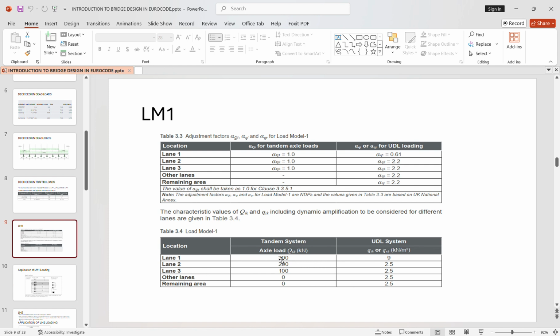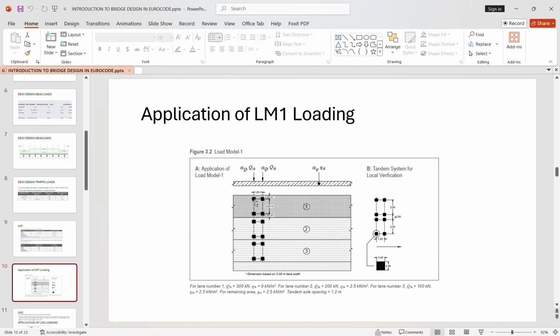These axial loads, this is load per axial. So this is our axial. From here up to here, that is one axial. From here up to here, that is another axial of a vehicle. So this is a standardized vehicle that Eurocode uses for analysis.